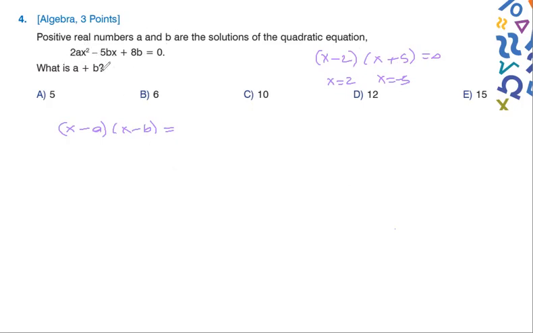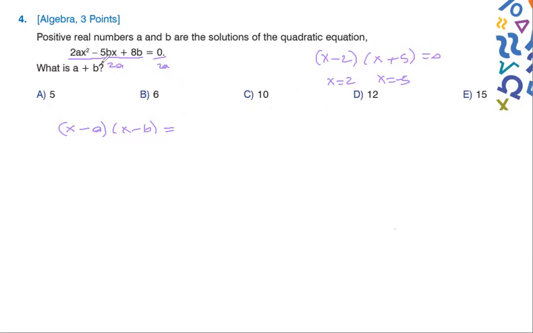To get rid of that problem, I'm going to divide this equation by that number, 2a. If I divide this by 2a, these 2a's will cancel, because I know a is a real number, and we can divide by a unless it is 0, but we are told that it's positive, so we are safe.